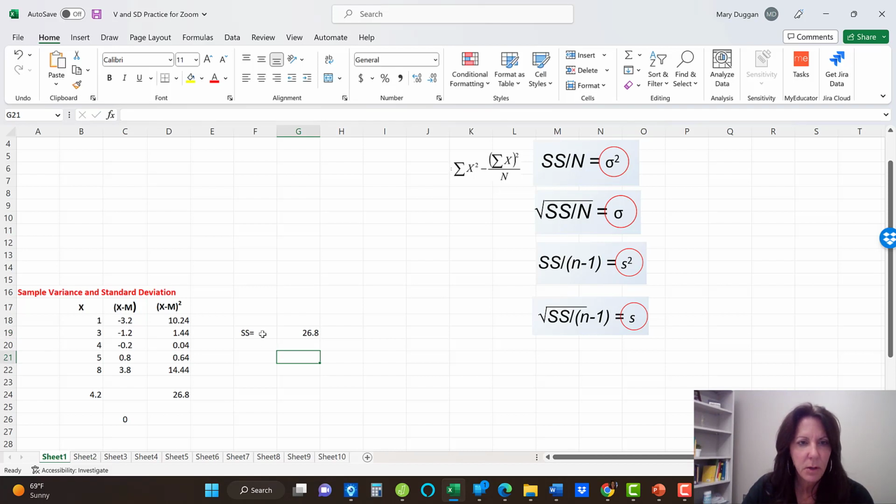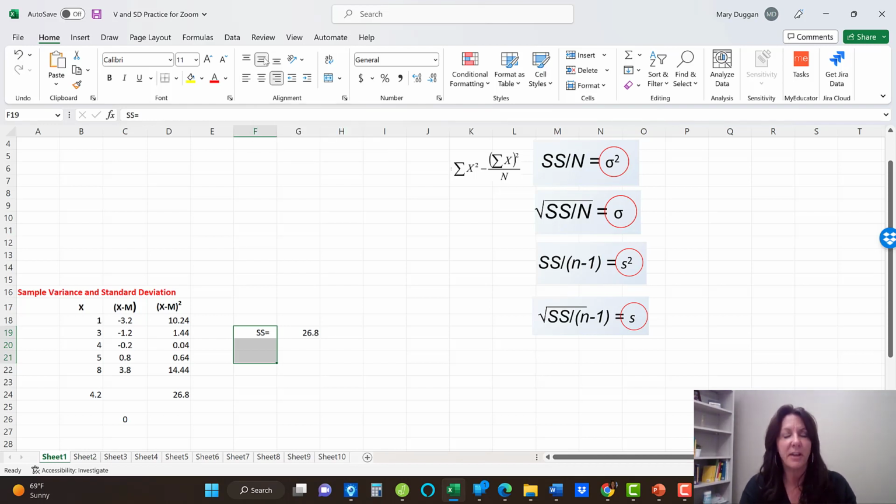Once you know sums of squares, that is the hardest thing to figure out. It's not even that hard, but it's the thing to figure out. Once you have your sums of squares, you can just plug them into the formulas. That's all we're going to do.